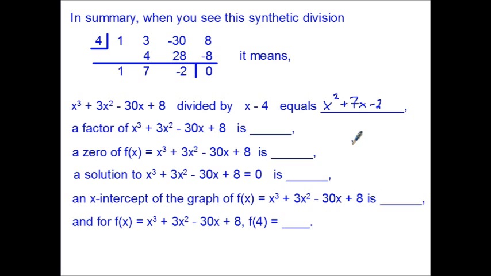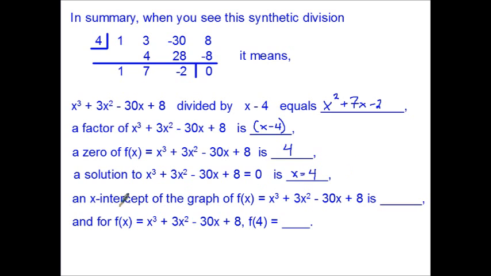Okay, but what it also means is a factor of that original polynomial is x minus 4. I'll put it in parentheses just to stress the whole factor idea, but it'd be x minus 4, then you could throw parentheses and have your x squared plus 7x minus 2 from there. Another thing that it means is the 0 of that polynomial is a positive 4. What it also means is a solution to the equation, if I said, again, equal to 0 instead of f of x, well, a solution is x equals 4.